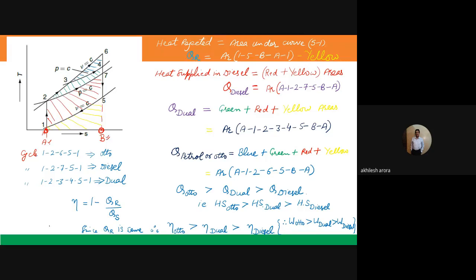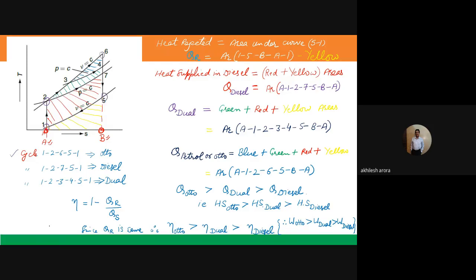What I have written here is cycle 1 2 6 5 1. Which is 1 2 6 5 1? This is point number 1, this is point number 2, this is point number 6, this is point number 5, and this is point number 1. This is the Otto cycle. Then you can go for the second cycle.